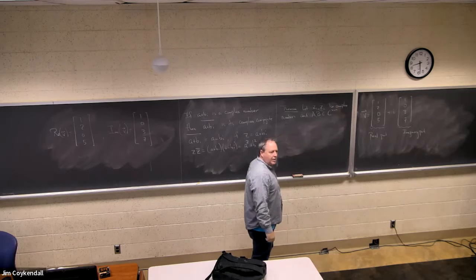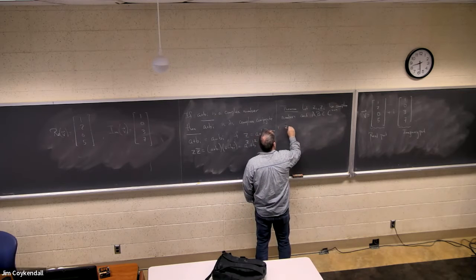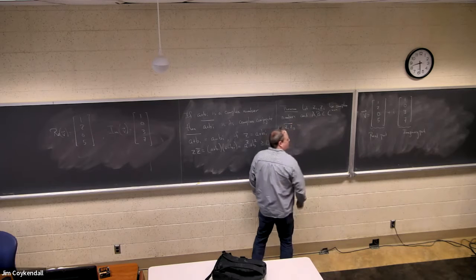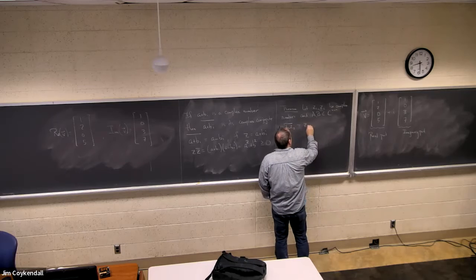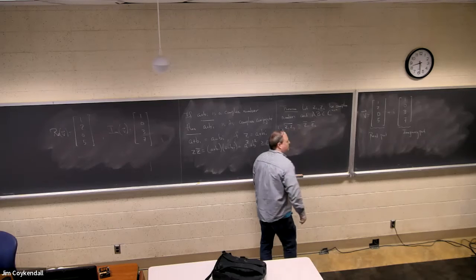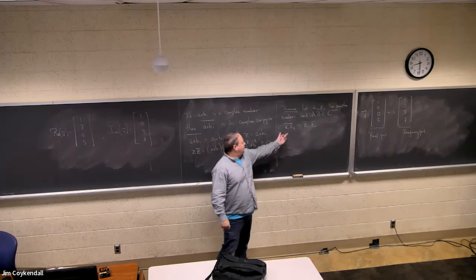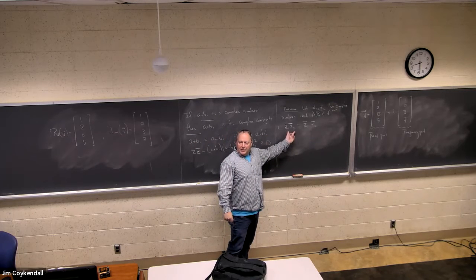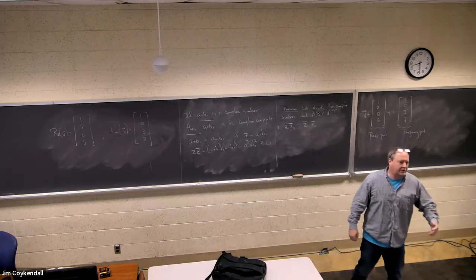Let A and B be complex matrices. Number 1: the complex conjugate of the product C1 C2 is C1 bar times C2 bar. So basically what this says is you can multiply the two numbers first and take the complex conjugate, or you can take the conjugates separately and then multiply them, and you get the same thing.